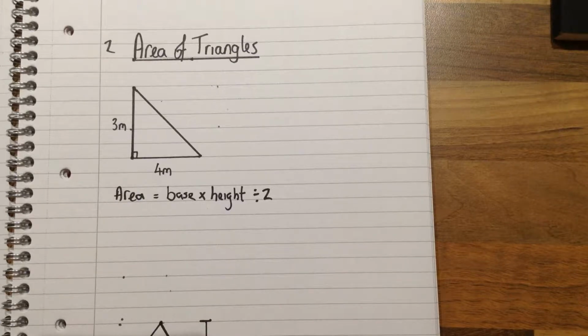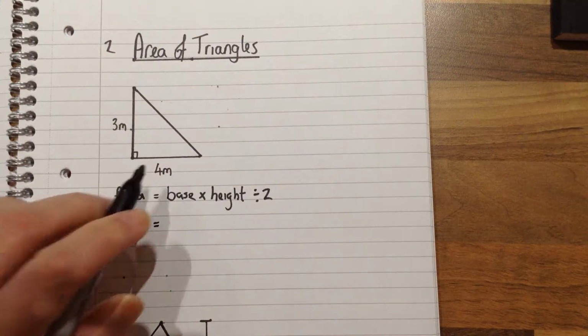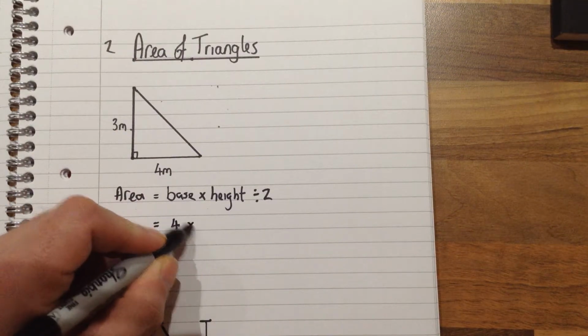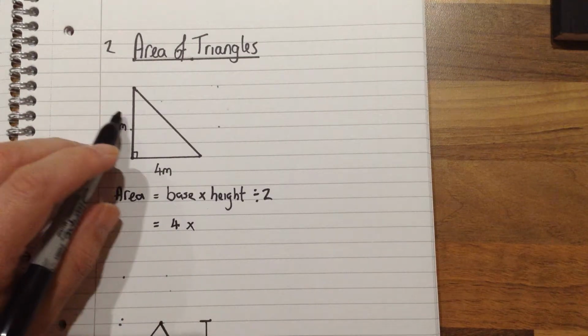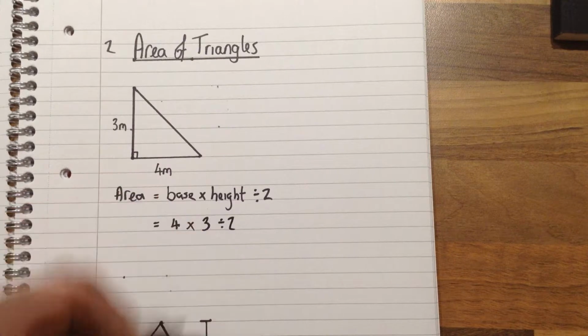So for triangles we use this formula, for rectangles we use the formula that we used the last couple of lessons. So here what we would need to do is to say base, which is 4, times by the height, so the other measurement I'm given here is 3, and then divide by 2.